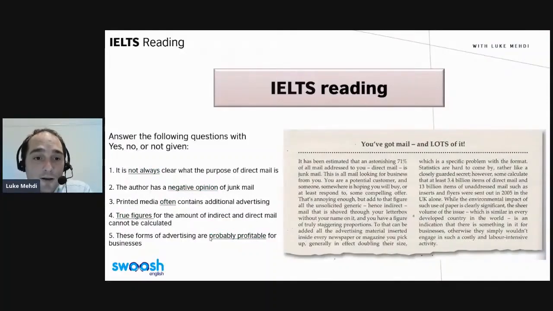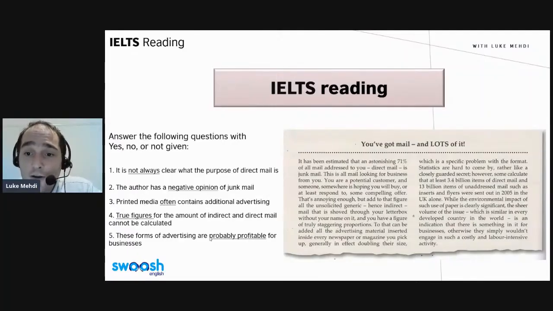So question 1, it's not always clear what the purpose of direct mail is. Well, we look back through, we know from our first reading where in the text the answer is, and these questions are usually given in the right order, so we know we're going to be looking close to the beginning.